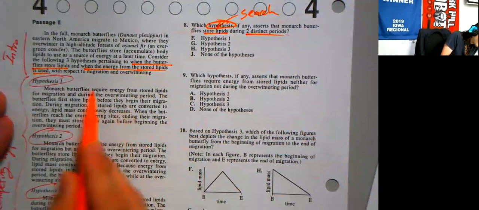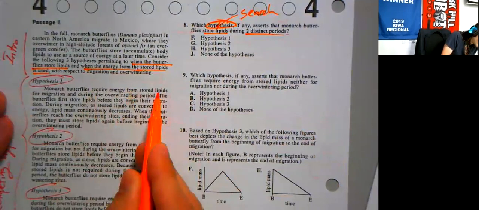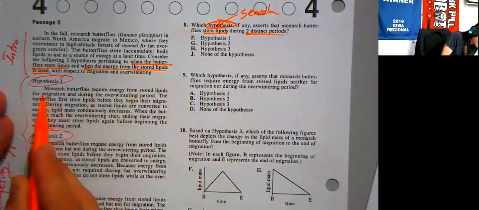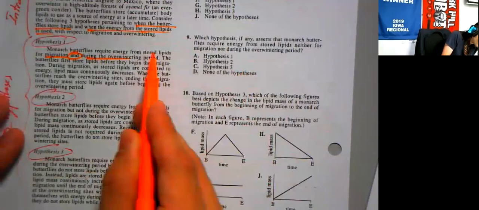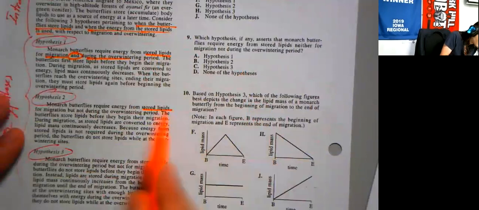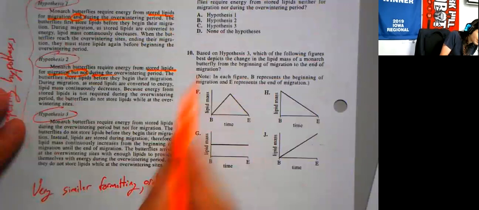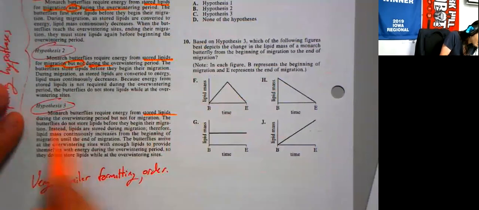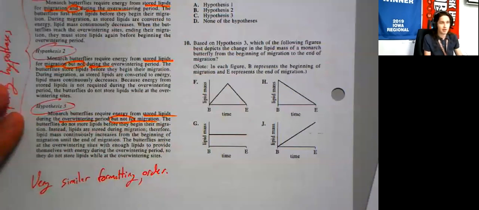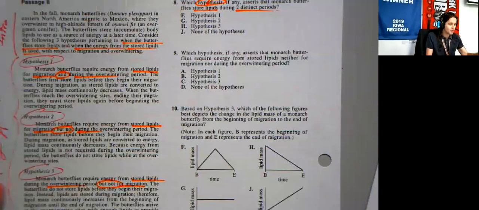All right, monarch butterflies require energy from stored lipids for migration and during the overwintering. Stored lipids for migration, but not during overwintering. Stored lipids during the overwintering, but not migration. Which one of these talks about 2? The one with the and.